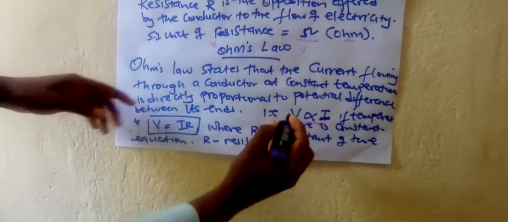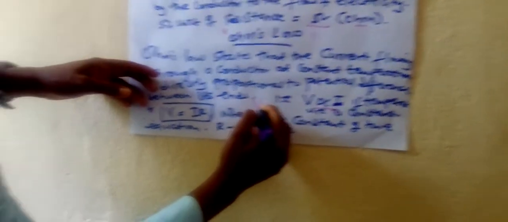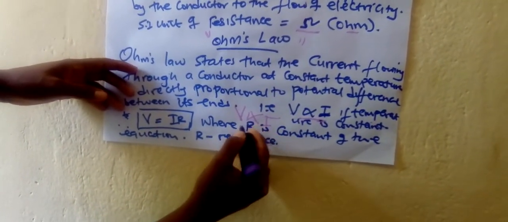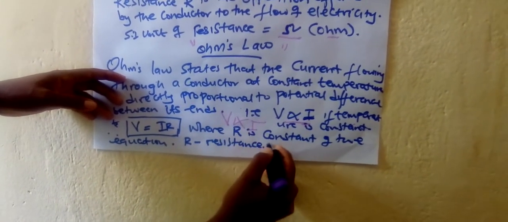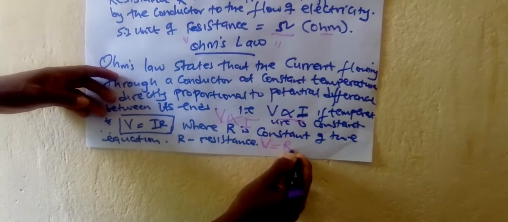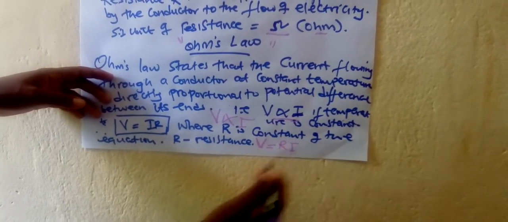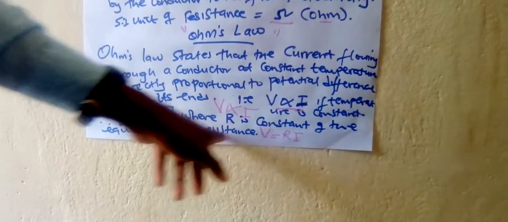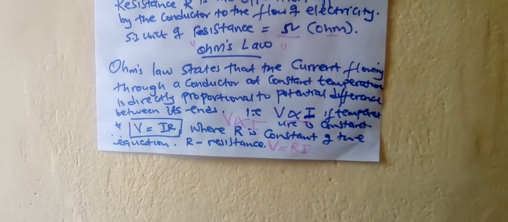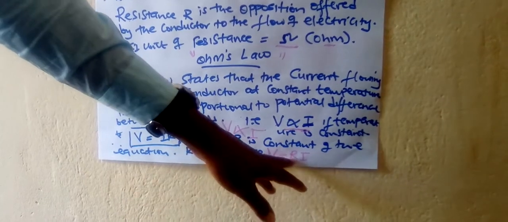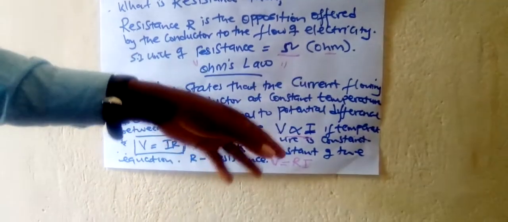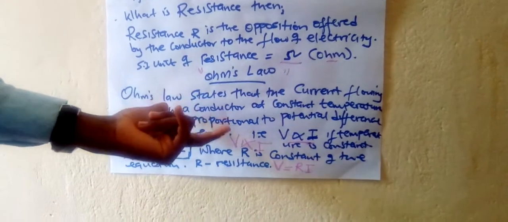Here we had V proportional to I. If we introduce an equal sign, then V equals a constant, which we call R, times I. So R is the constant of this equation. R is the resistance, and it is constant provided the temperature is kept constant.